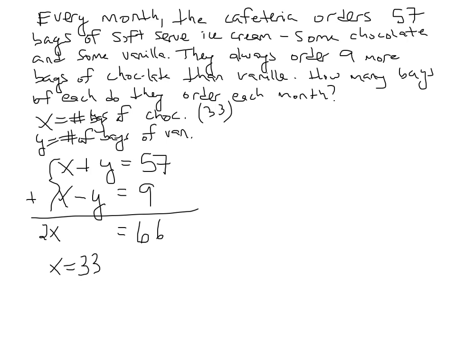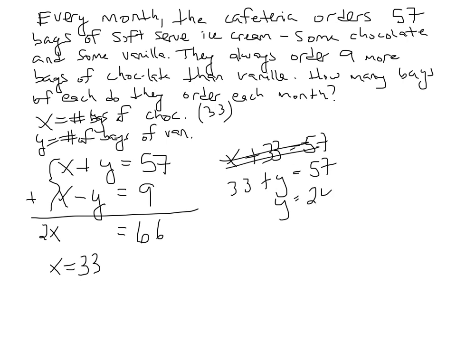And at this point, I think we're pretty comfortable with our work of saying, okay, x plus y must be 57. Oops, scratch that. 33 plus y must be 57. And if we subtract 33, we get y is 24. So 33 bags of chocolate and 24 bags of vanilla get us the right amount of ice cream every month.